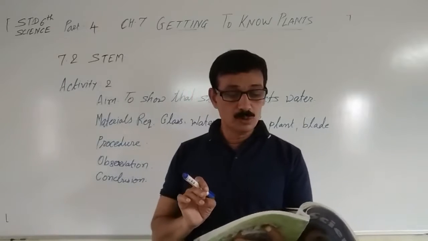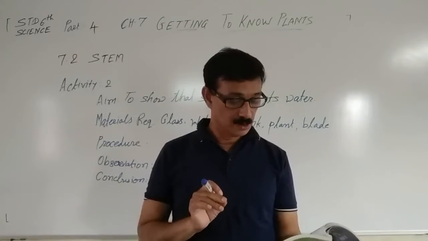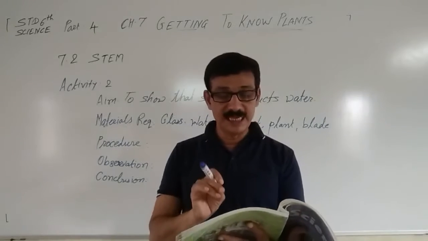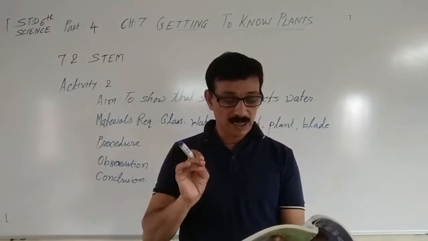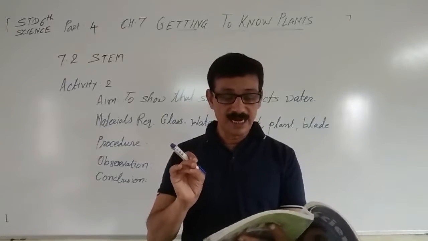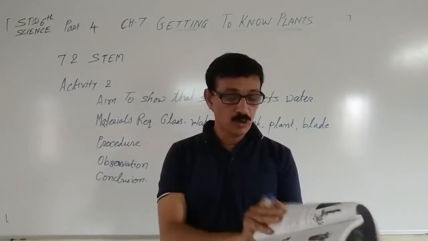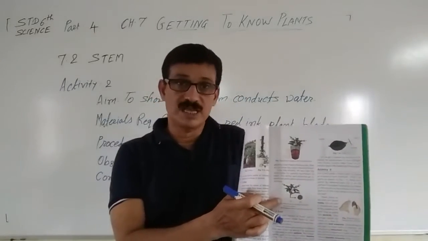How do you think the color reaches there? From this activity, we see that the stem helps in upward movement of water. The water and minerals go to the leaves and other plant parts attached to the stem. And look at this figure also. This is figure 7.7. Observe that figure also.